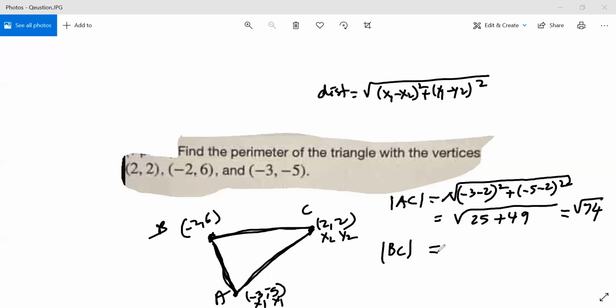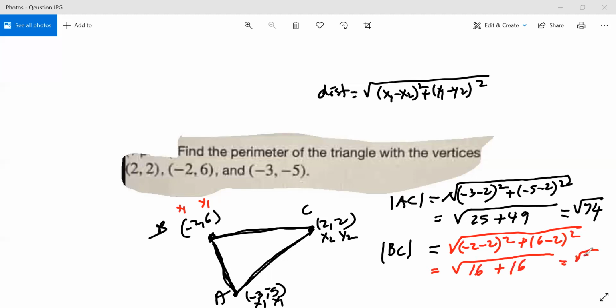And then similarly find BC. So now you can call this one x1, y1. So that will be the square root of (-2) squared plus (6 minus 2) squared, which is the square root of 16 plus another 16, that's the square root of 32.